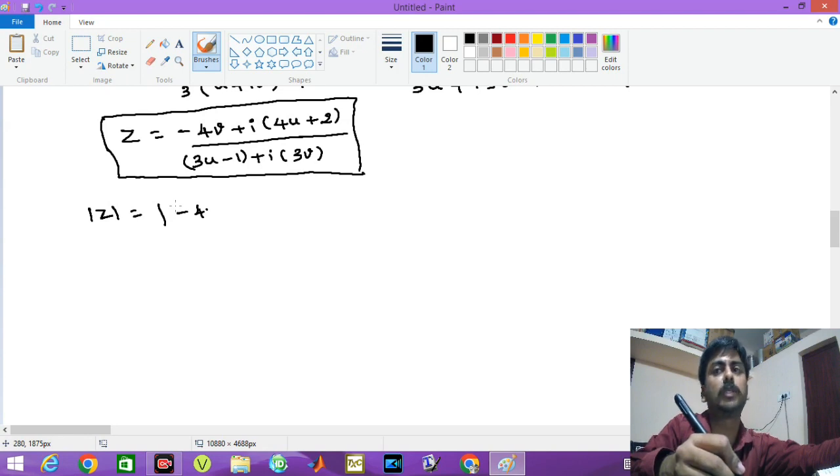Modulus of z equal to square root of x square plus y square. So we can write the square root directly, or we can take modulus and then we can write.